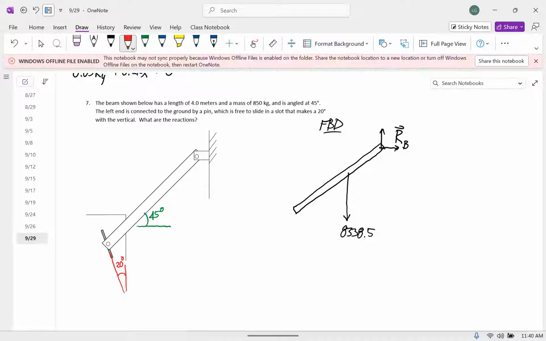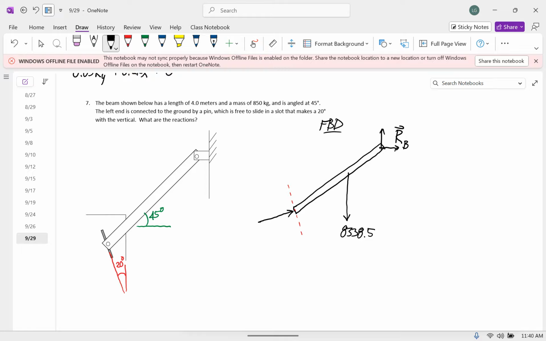And then, okay, I'm going to just draw this slot like this just to make the direction clear. And this force is perpendicular to this slot. Notice that there are two perpendicular directions you could draw to that slot, and either one is fine.